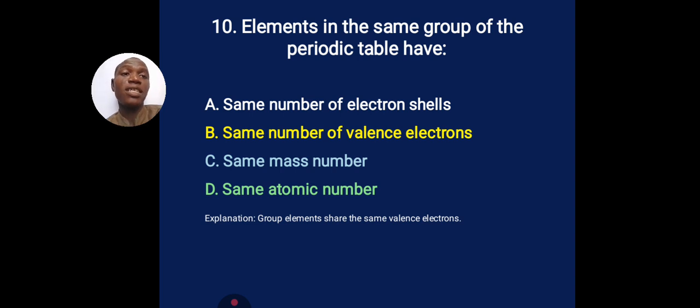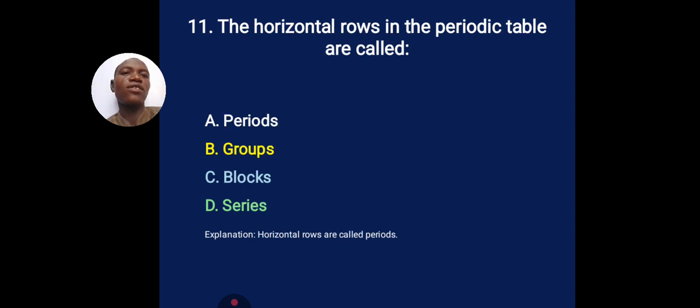Which one is the correct answer? The correct answer is same number of valence electrons. All elements in the same group have the same number of electrons in their outermost shells. That's valence electrons.